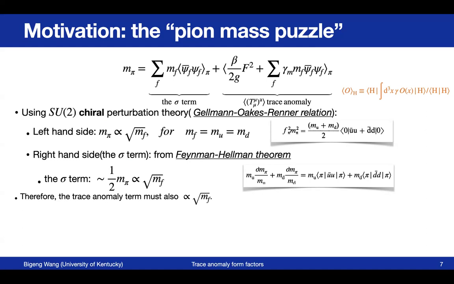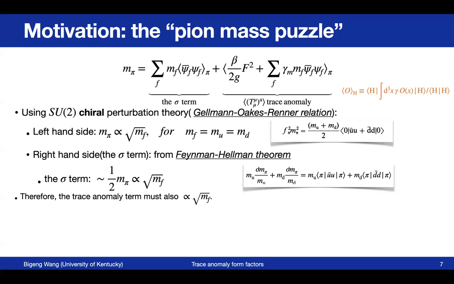However, if we look at the right-hand side, the sigma term, we can also predict its behavior from the Feynman-Hellmann theorem. Combining this with the Gell-Mann–Oakes–Renner relation, we can find that the sigma term is about just half of the pion mass, which is also proportional to the quark mass.